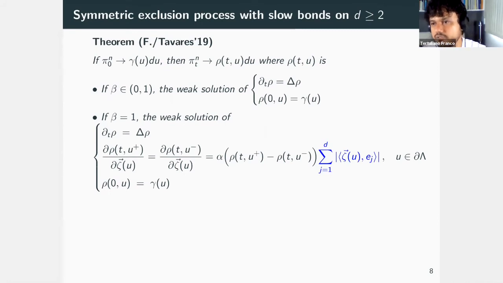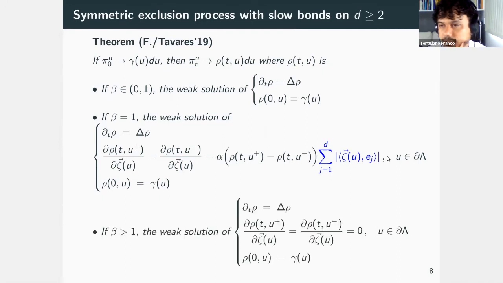If you change this relative position, the PDE changes, which does not occur in the subcritical case or in the supercritical case. In the supercritical case, again, this is the heat equation with Neumann boundary condition along the boundary of lambda.